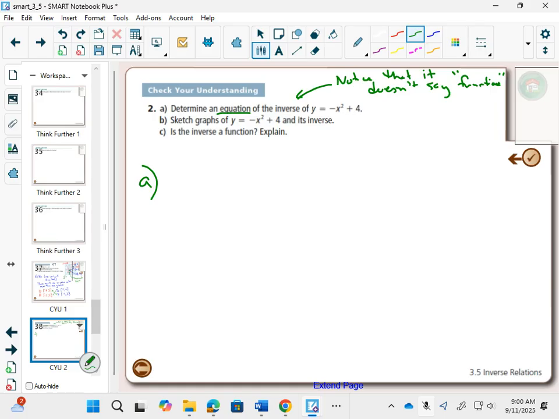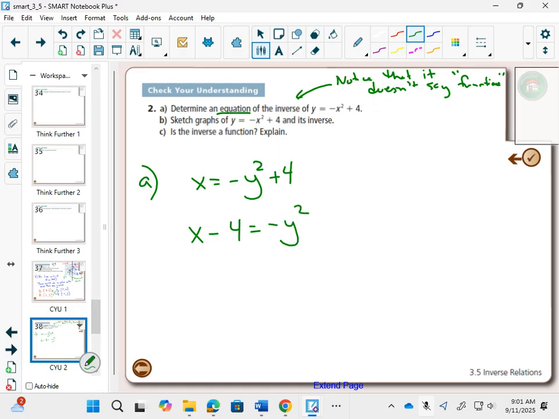So in an equation, you can find an inverse by switching x and y. And typically, they then say, once you've switched x and y, could you get the y by itself? So if I wanted to get the y by itself, I could do x minus 4 equals negative y squared.